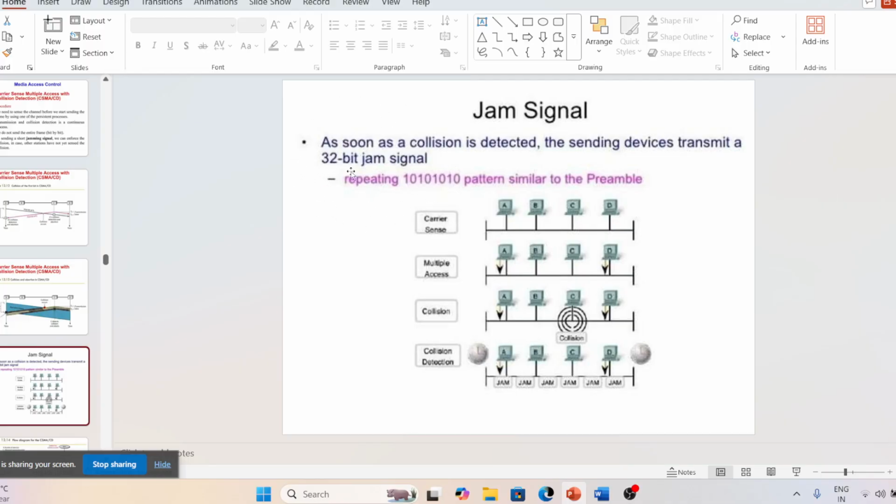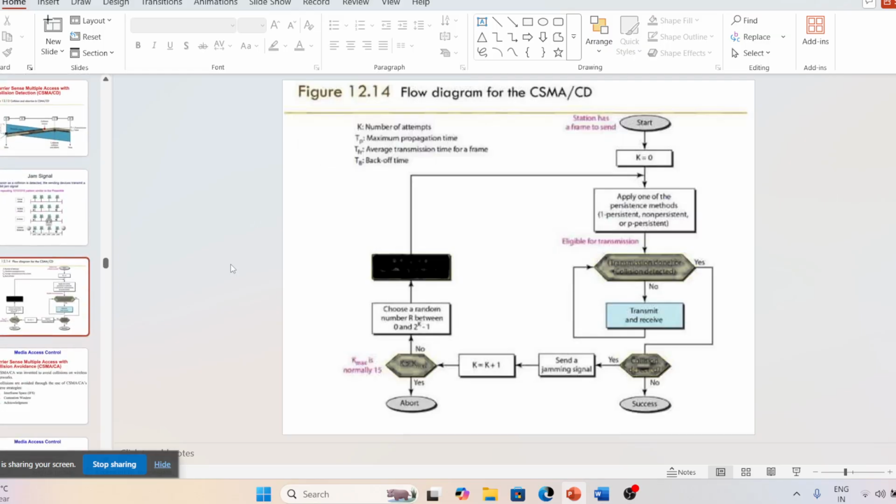So in general, it is 32 bits. So wherever there is a collision, the station can send a jamming signal so that other stations will also know about it. So only one line is the important answer regarding the jam signal.